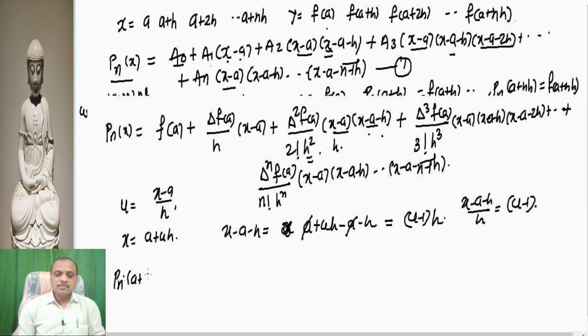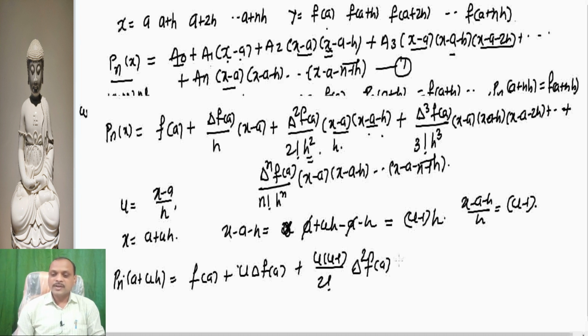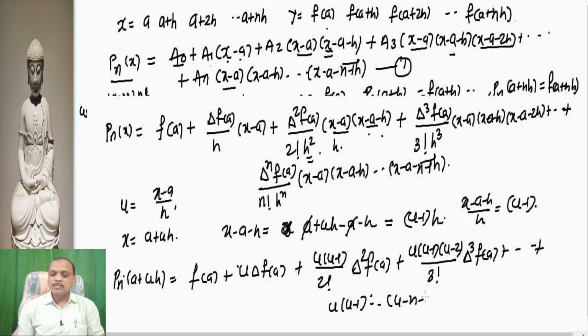So Pn of x equal to f of a plus u into delta f of a, plus u into u minus 1 divided by 2 factorial delta square f of a, plus u into u minus 1 into u minus 2 divided by 3 factorial delta cube f of a, plus and so on up to u into u minus 1 up to u minus n minus 1 divided by n factorial into delta raised to n f of a.